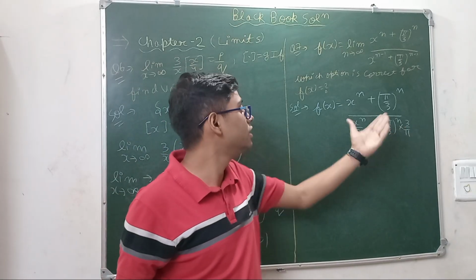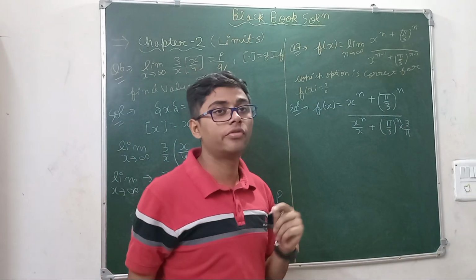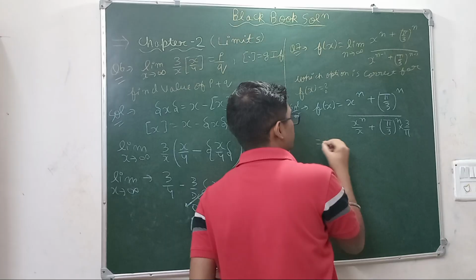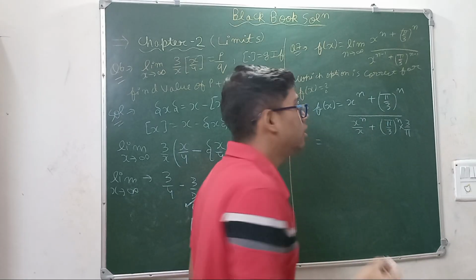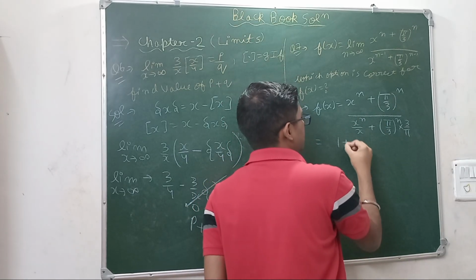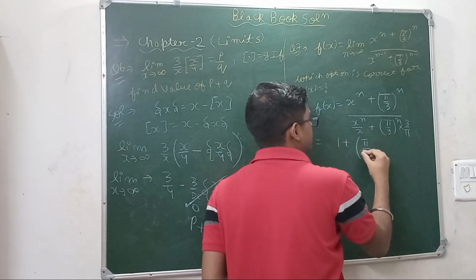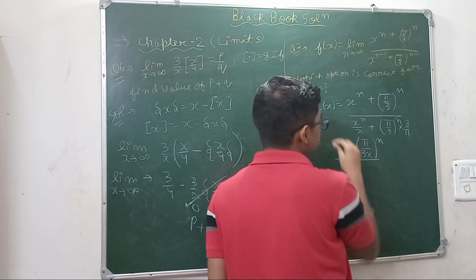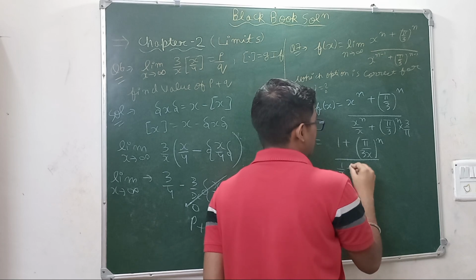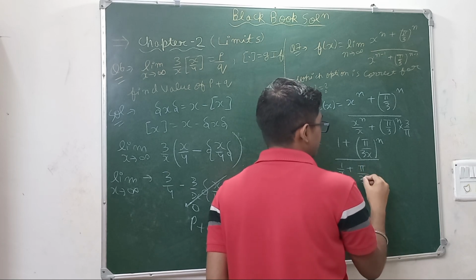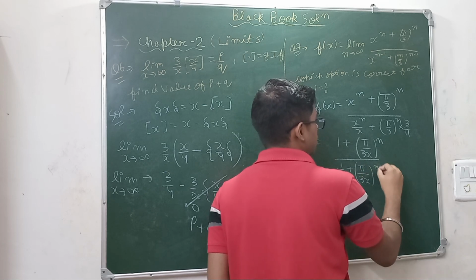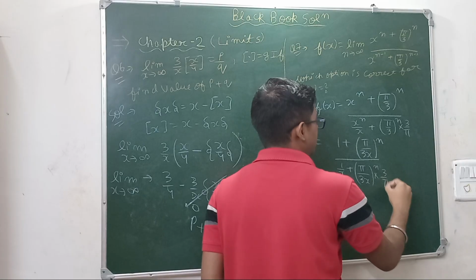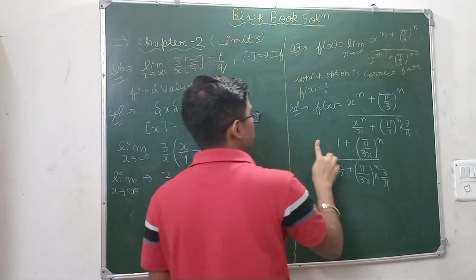Now you have to take x to the power n common from the numerator as well as from the denominator. So x to the power n will cancel, and this will be remaining with 1 plus pi by 3x to the power n upon 1 by x plus pi by 3x to the power n into 3 by pi, and limit n is tending to infinity.